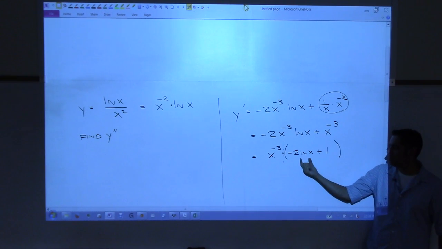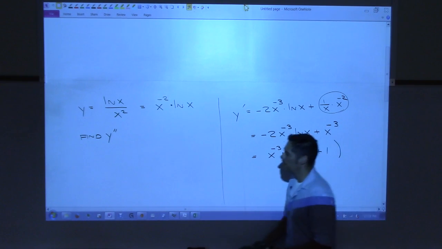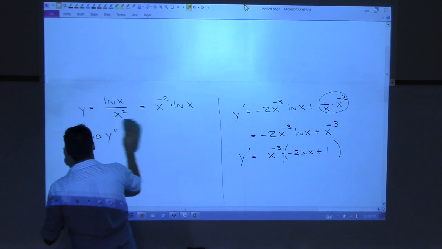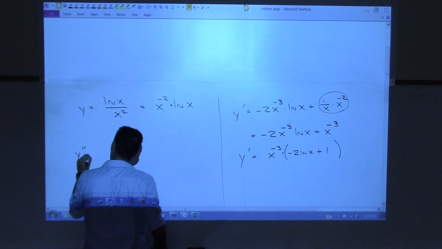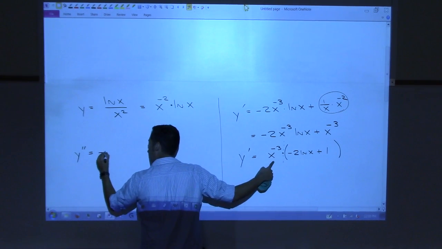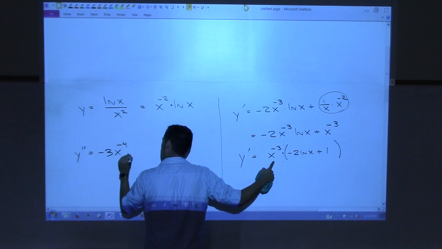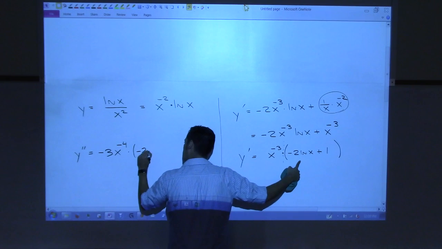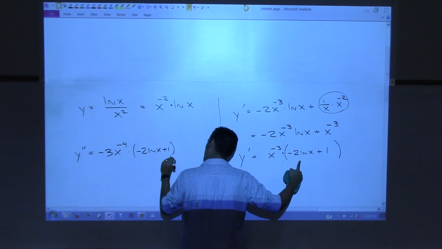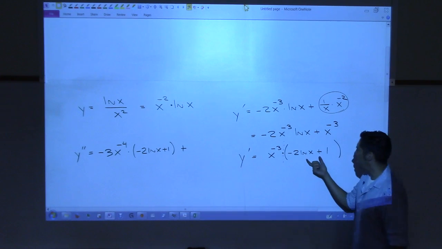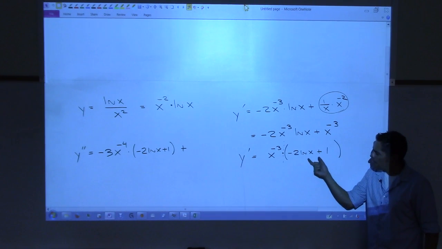So this is y prime, and y double prime will be the derivative of the first one, which is negative 3x to the negative 4 times this whole thing, negative 2 natural log x plus 1, plus the derivative of what's inside.